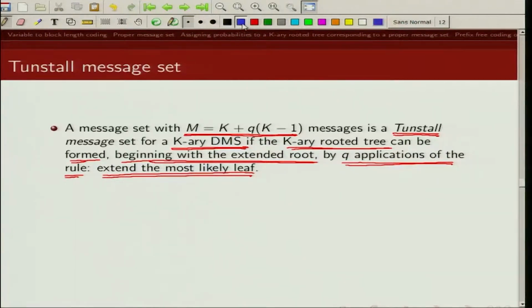Now let's look at each of the points that we have mentioned here. A message set with so many messages. Now why will a message set have so many messages?